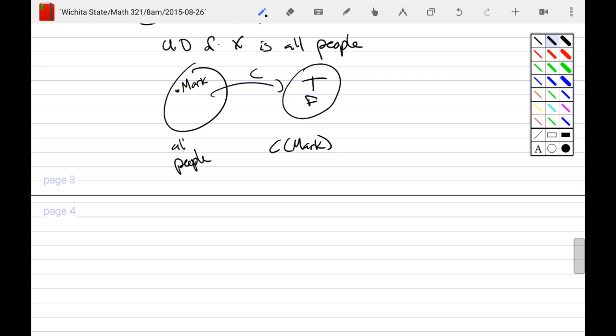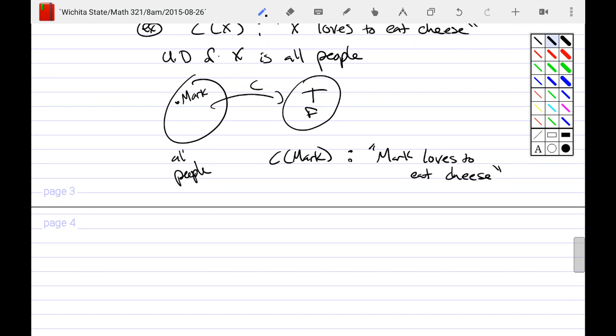It's like algebra evaluation. Wherever that variable was, I put the word Mark, and I simply have Mark loves to eat cheese. Actually, I love Swiss cheese, but anyway. And so for this one, it would be true. It's been evaluated, and so that's one way to do it. Here's your universe of discourse.